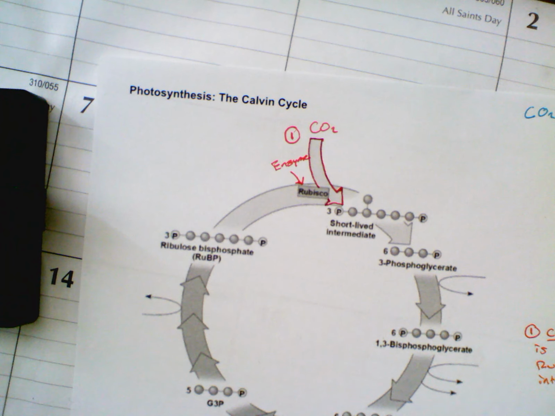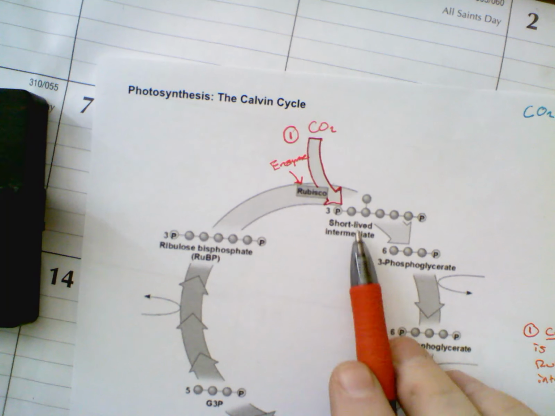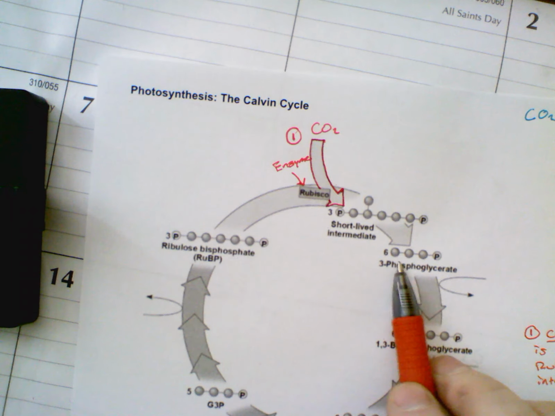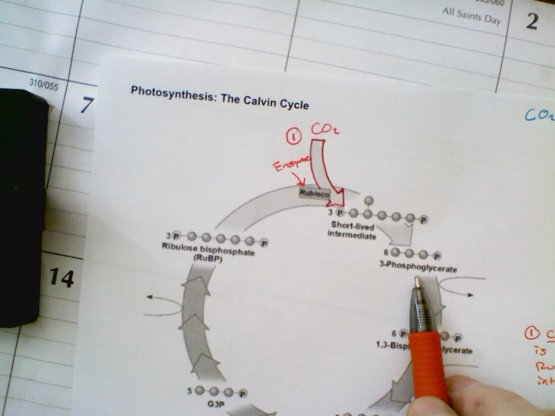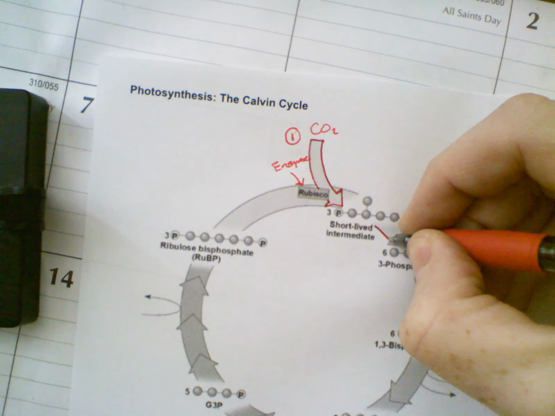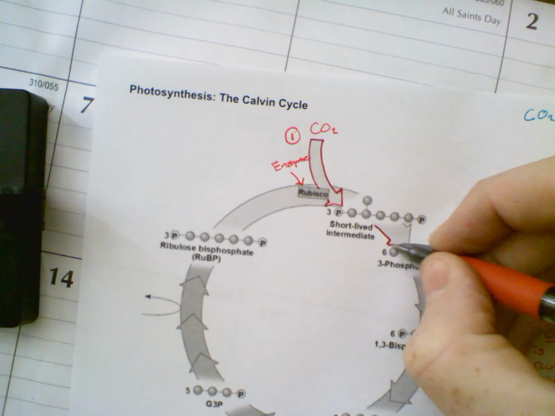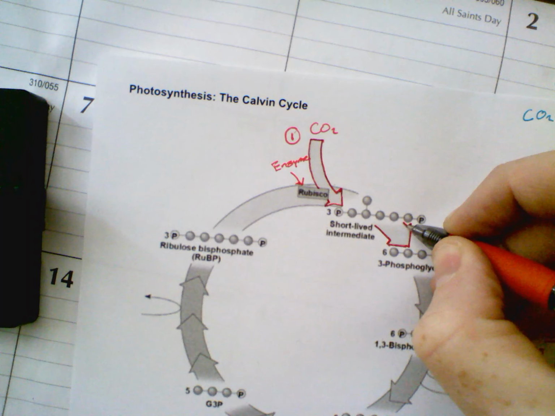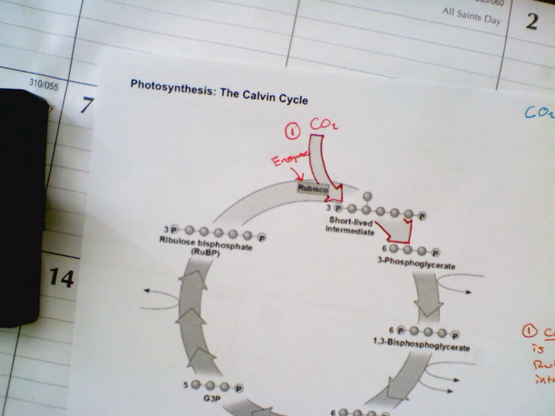Okay. So CO2 comes in, we form that short-lived intermediate, and then it's going to break down into this 3-phosphoglycerate, which you don't need to know all of these terms. We just need to know the overall processes, the inputs and the outputs. Okay. So that is the end of the carbon fixation stage.